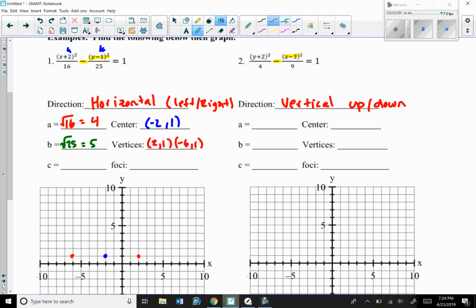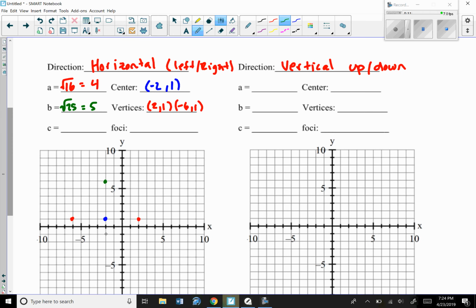And now to help us get that rectangular box, which helps us get our asymptotes, we're going to go the distance of y using our b value, which is 5. So we're going to go up 1, 2, 3, 4, 5 from the center, and down 1, 2, 3, 4, 5.